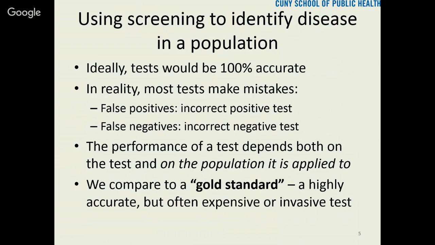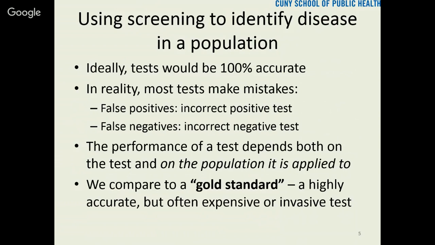Why is that? Why will the test perform differently depending on the prevalence of the disease? Because it has different performances on the cases with disease and on the healthy individuals. Depending on the proportion of them, its performance on those two groups will have different relative importance.